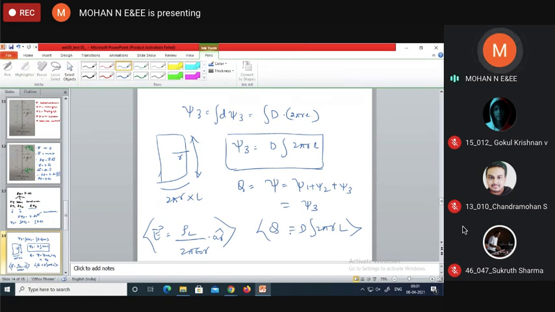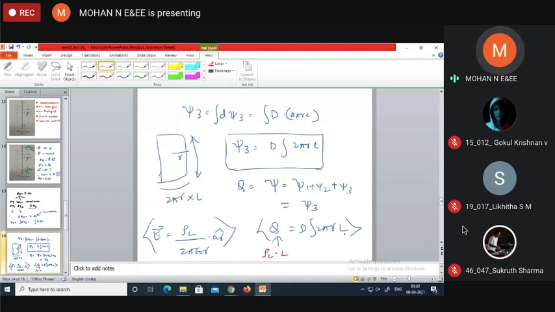You just have to make use of the equation for Q in terms of the line charge density. Rho L into L. Yes. Use this and you will get the answer.